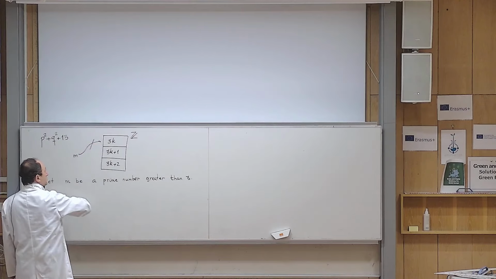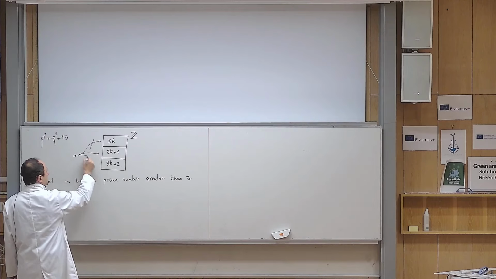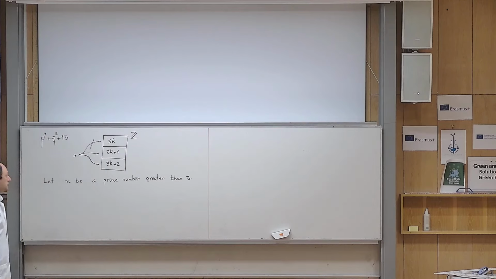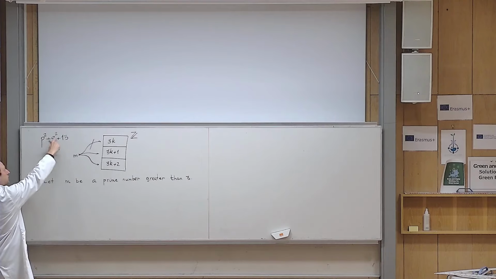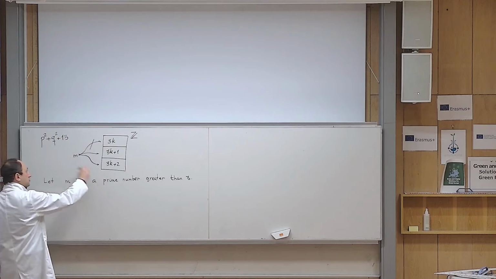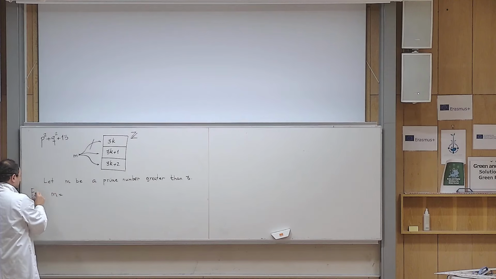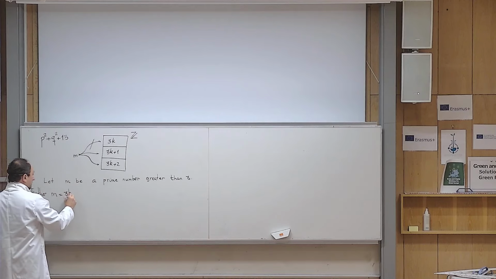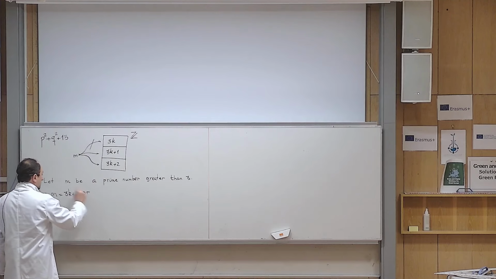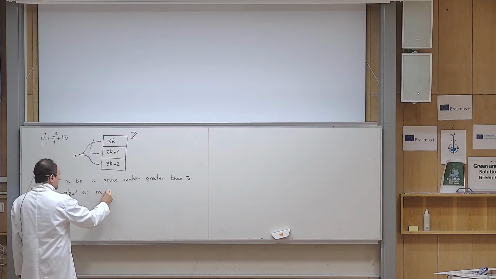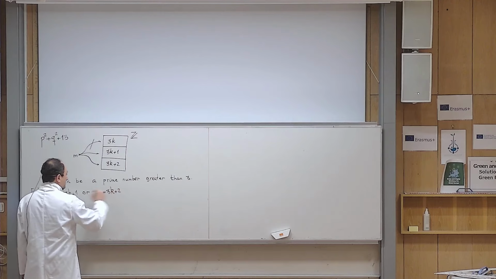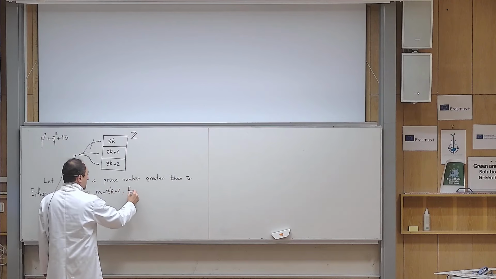So it means that M is either here or here. I want to know something about the square of a prime number greater than 3. So if M is a prime number greater than 3, then either M is equal to 3k plus 1 or M is equal to 3k plus 2 by division algorithm for some integer k.